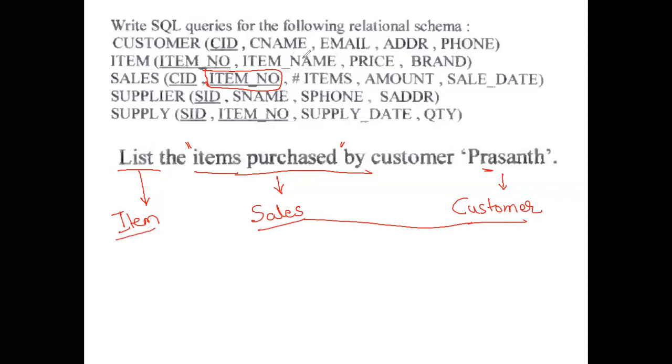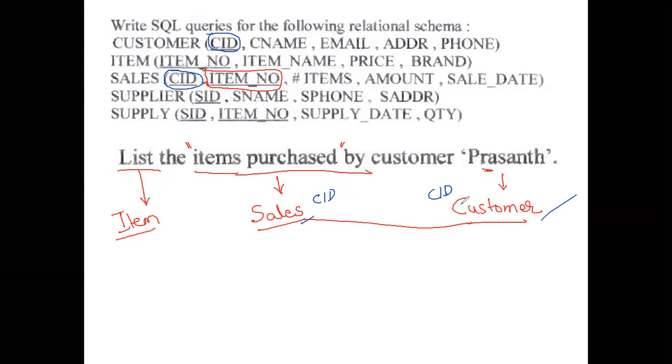Now let us see how to link these tables. Sales and customer, how do we link? Any common attributes between sales and customer? Yes, the common attribute is the CID. Here the attribute name is CID, and on this side also the attribute name is CID. On this attribute, we can join the sales and customer tables.